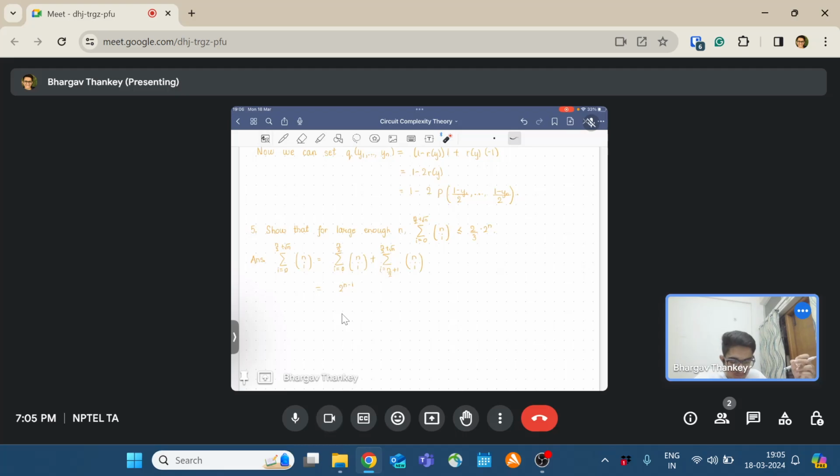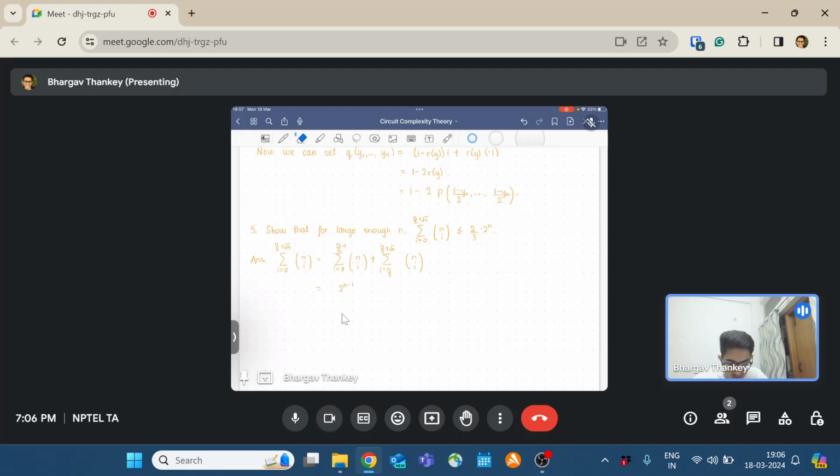Okay, wait. Should this be n over 2 or n over 2 minus 1? Okay, 0 matches with n. Actually, I think it's minus 1, because 0 and n are the same, 1 and n minus 1 are the same.